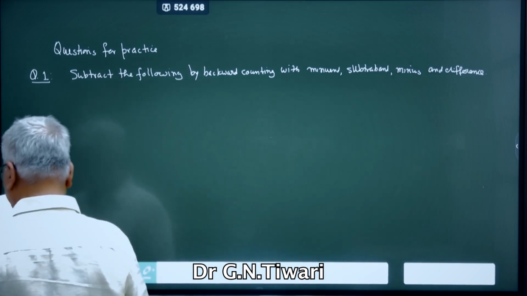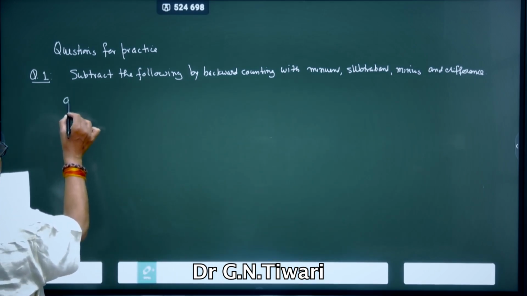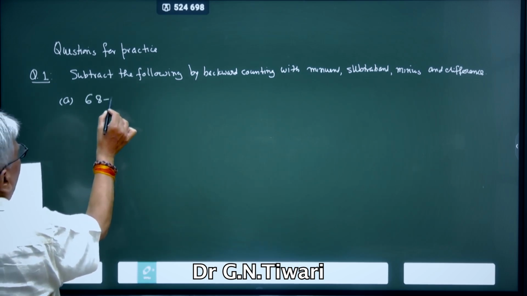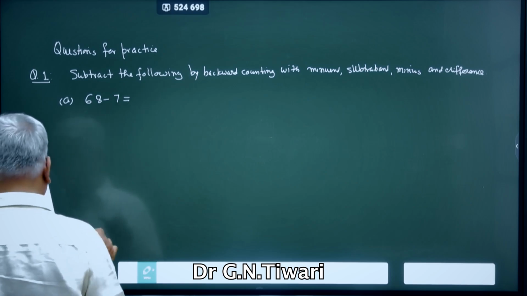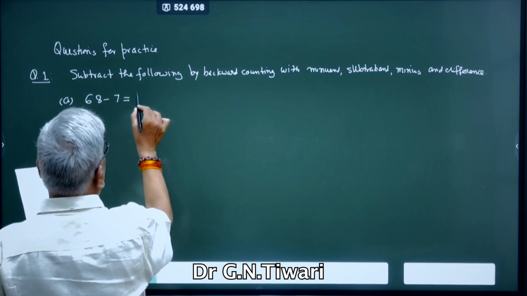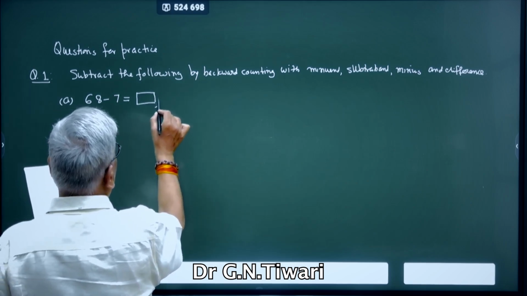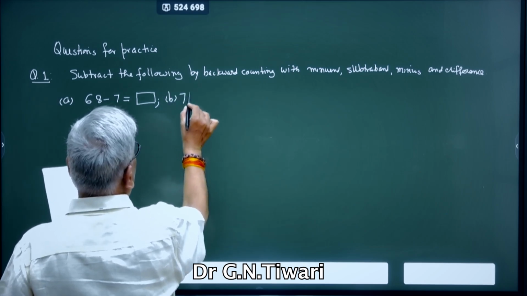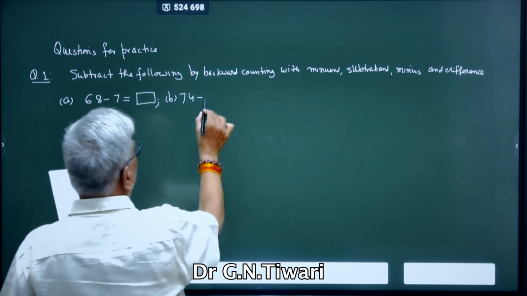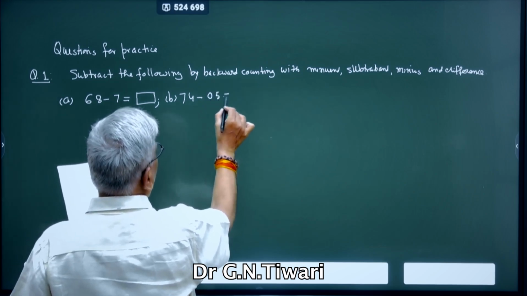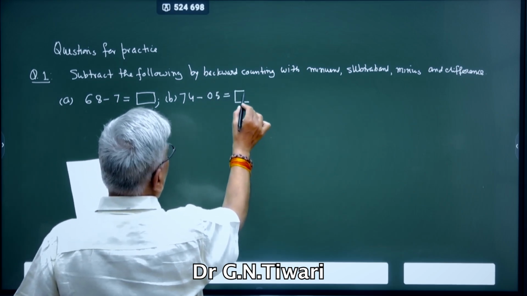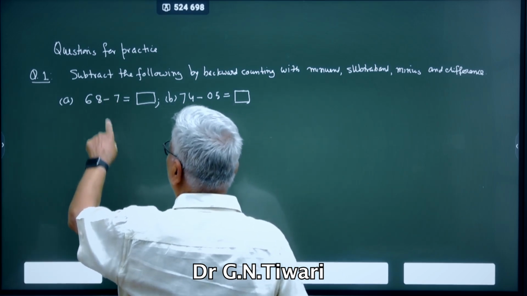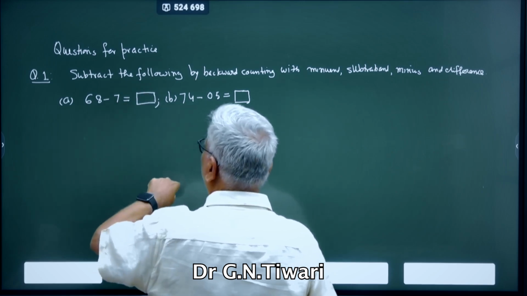Now see. A: 68 minus 7 is equal to, fill up this gap. B: 74 minus 5. In every question you have to write minuend, minus, subtrahend, equal and difference.